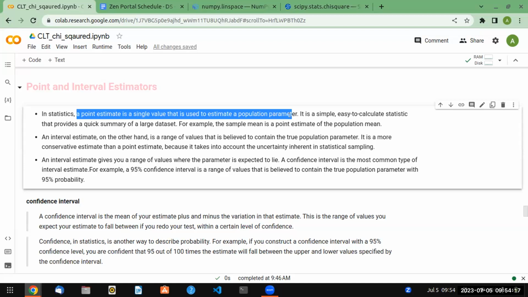This interval will give us more confidence because sometimes we are not sure of the exact value, as population data is too huge. So it is better to say an interval, because the population mean will fall within this range. This is called interval estimation.